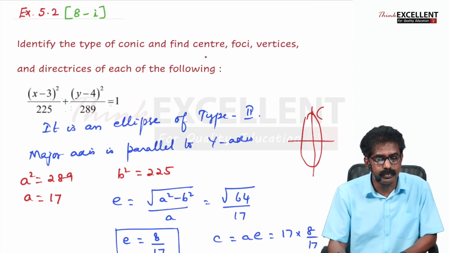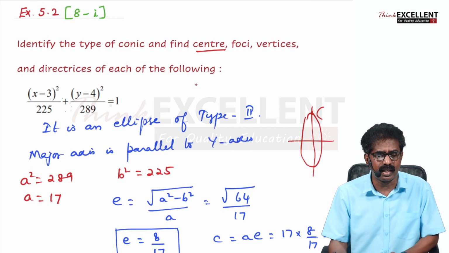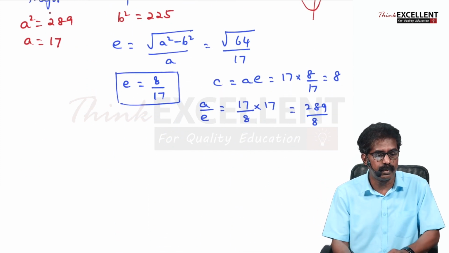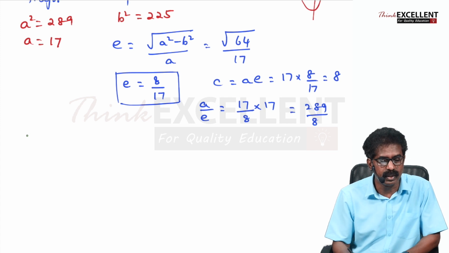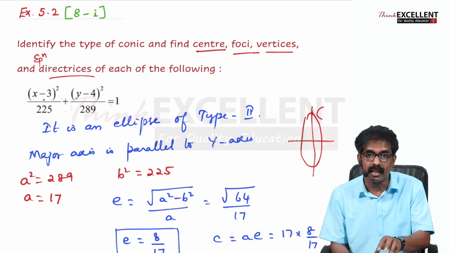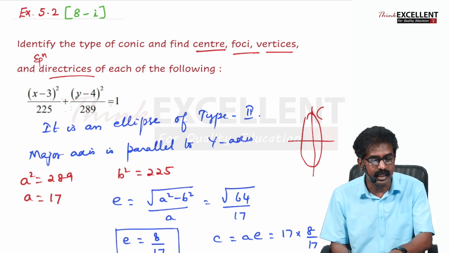See what they asked. Center, you know the formula h, k. Foci, this is of the second type, so write the correct formula. Vertex, and directrix, by that we mean the equation of directrix. So first you start from center. Before that you write h value, k value. What is h value here? X minus 3. You change the sign and take. So 3, k value 4, right?